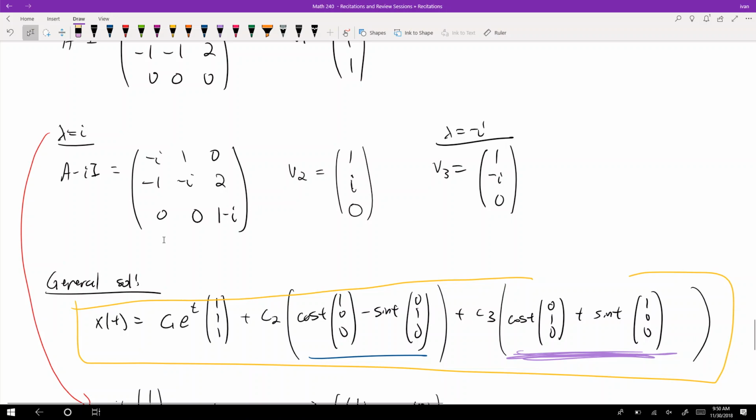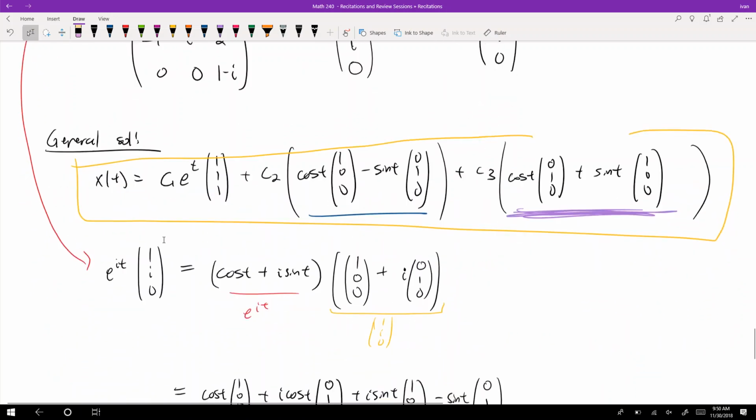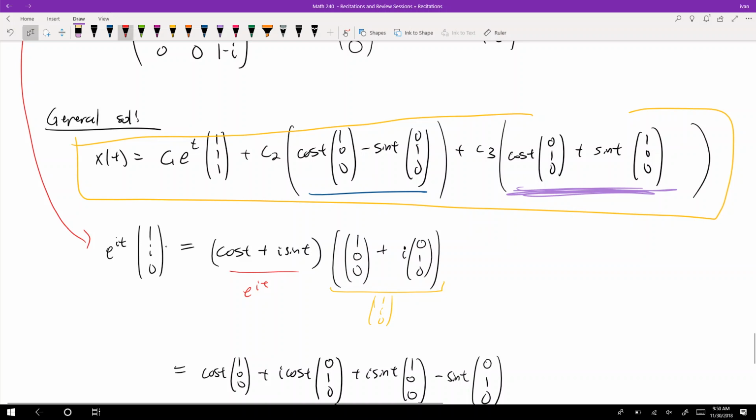Because you would end up here, but this thing wouldn't be foiled. It would just be 1, 1, and then you would have cosine plus sine.